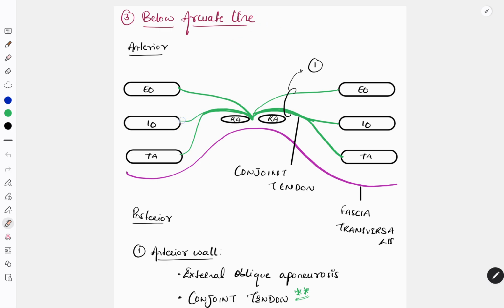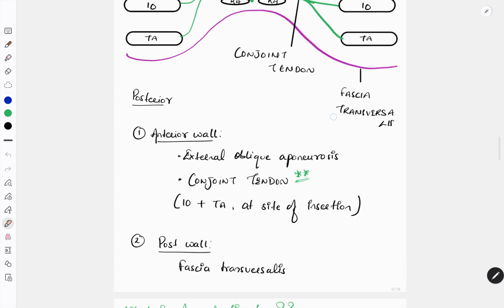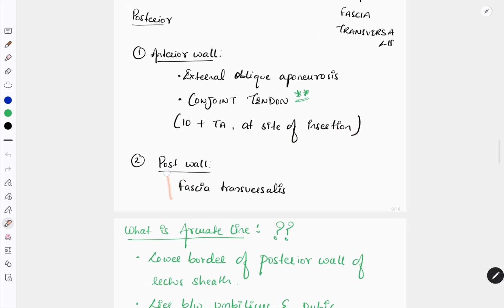So the anterior wall is formed by external oblique aponeurosis as well as the conjoint tendon, that is nothing but internal oblique and transverse abdominis at the site of insertion. The posterior wall is deficient, so it lies directly on your fascia transversalis.